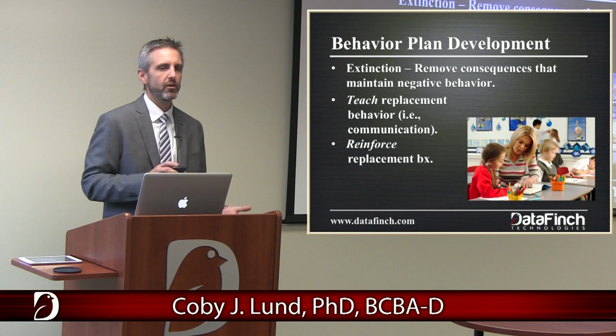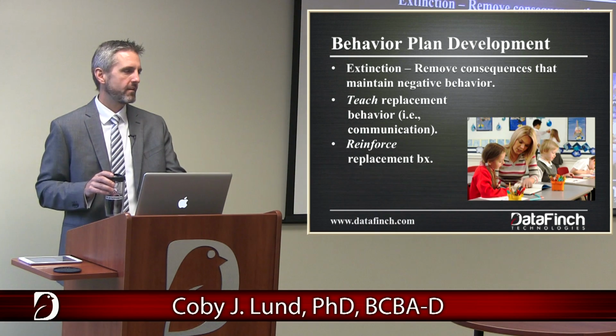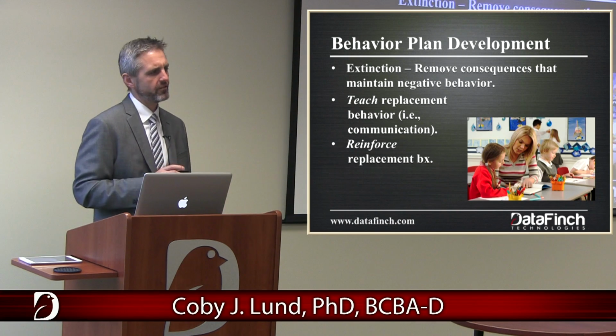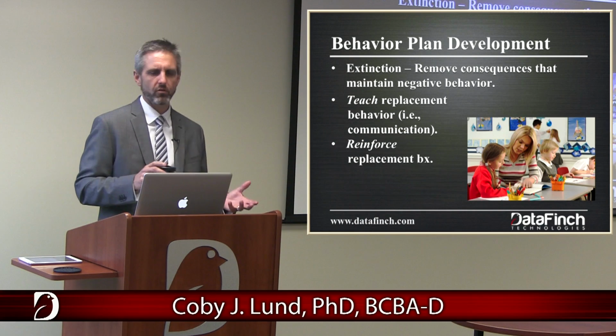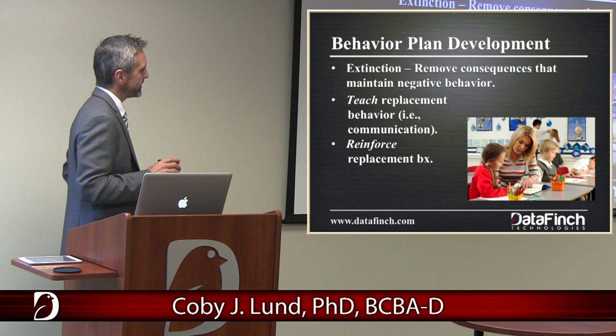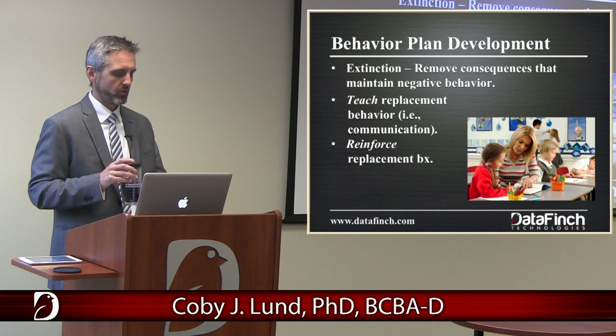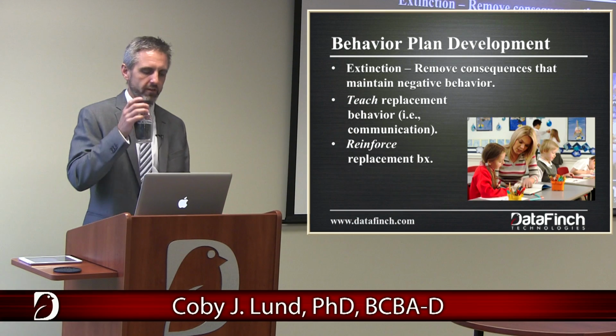At the very least, let's not have big discussions about it when it occurs. Oh, Thomas, you know you're not supposed to do this. We've been working so hard on this. You weren't going to do this anymore. Let's cut all that out. So at the very least, let's try and reduce and eliminate, if possible, this particular consequence for our target behavior.